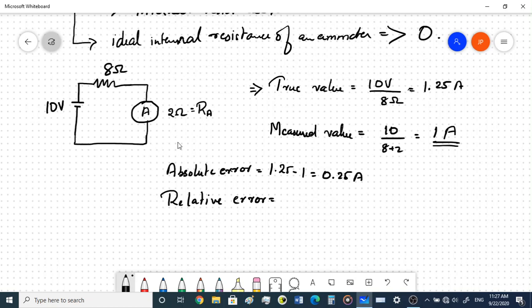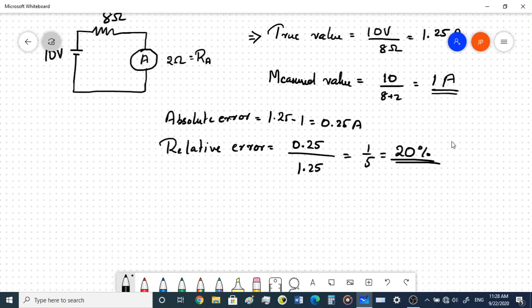The relative error is the true value minus the measured value, divided by the true value. The true value is 1.25, so the relative error is 0.25 by 1.25, that would be 1 by 5, which comes out as 20%. So 20% would be the error in this circuit.